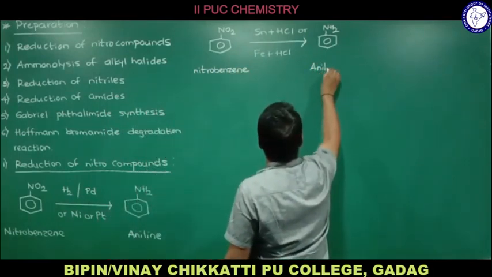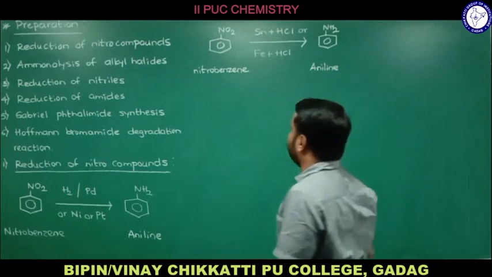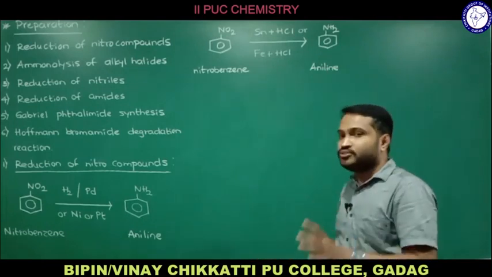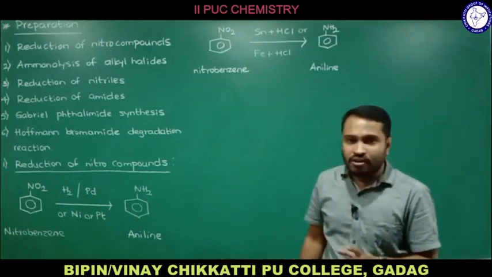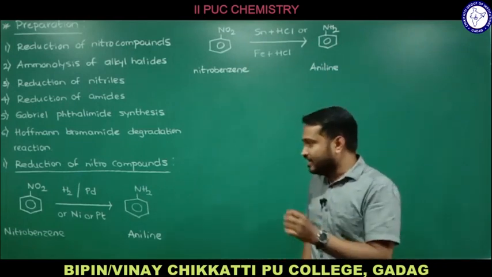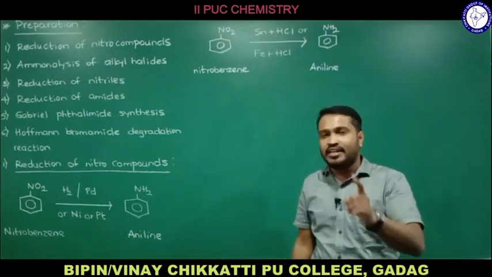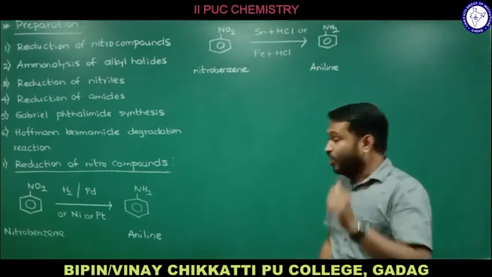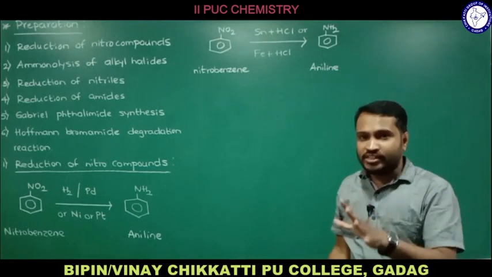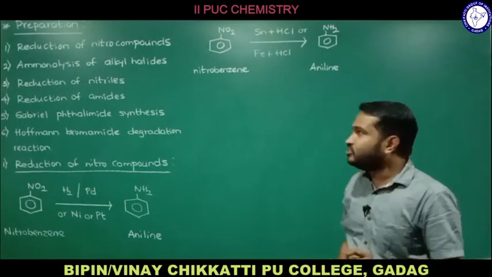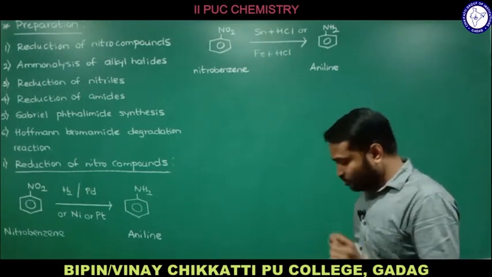So now if you consider the examples I have given, we have three different methods of reduction. One is hydrogenation reaction, where hydrogen has to be added in the presence of finely divided nickel, platinum or palladium. One more method is the mixture of tin with concentrated HCl, and one more reducing agent is iron in the presence of concentrated HCl.